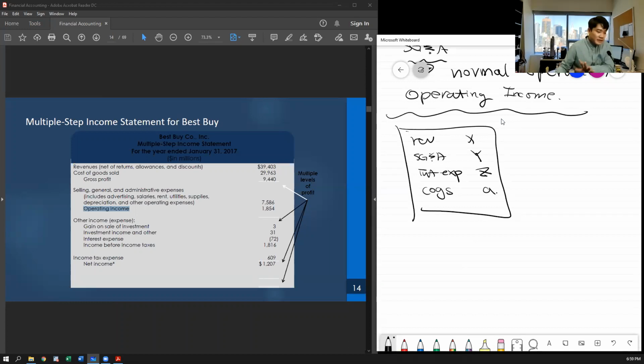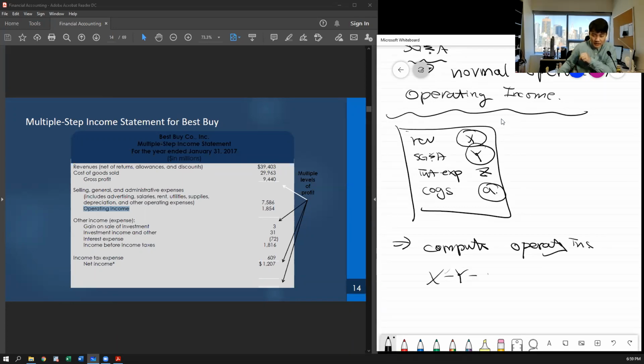Given these items, compute operating income. Given that question, you have to be able to pick this revenue, this SG&A, and cost of goods sold: X minus Y minus A. That will give you the operating income.